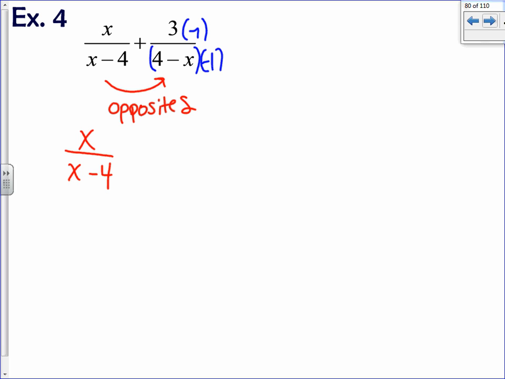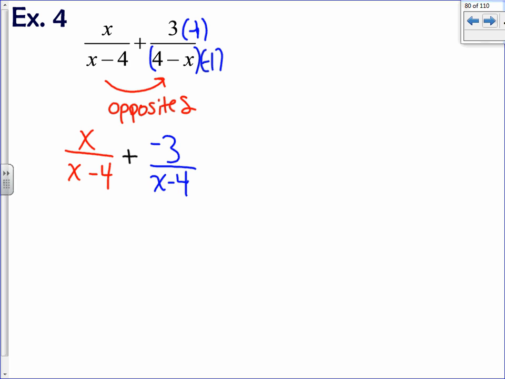That is a legal move because you're doing the same thing in the numerator as you are in the denominator. So then I have x plus -3 over, and then you have -4 plus x. -4 plus x is the same as x minus 4.